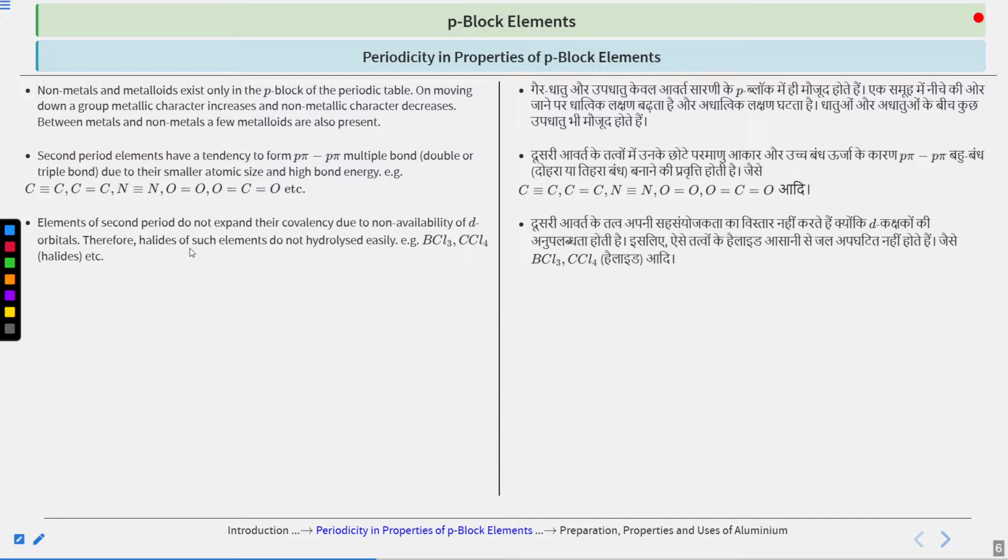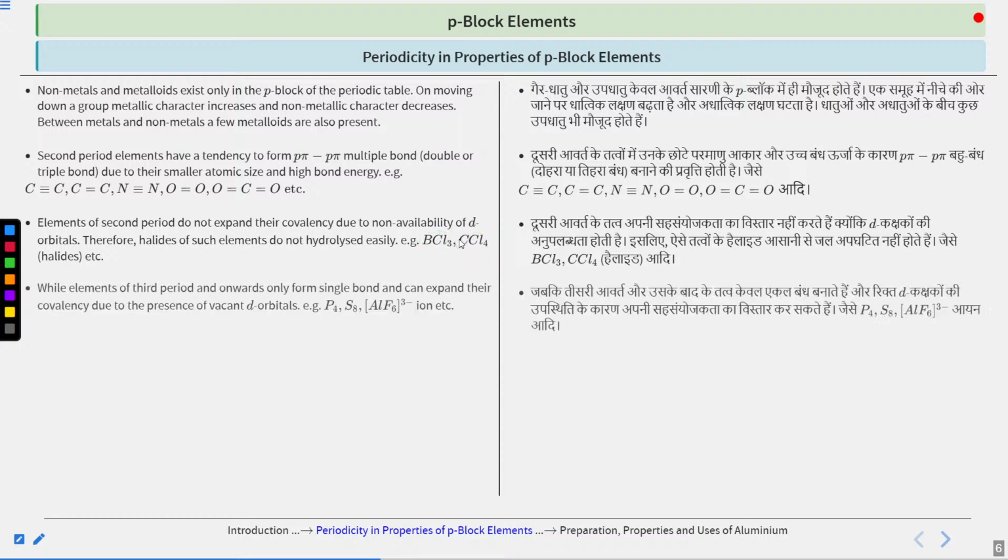Whereas elements of the second period do not expand their covalency due to the unavailability of d orbitals. What is being said here is that compounds like BCl3 or CCl4 cannot expand their covalency, meaning they cannot accept electrons.